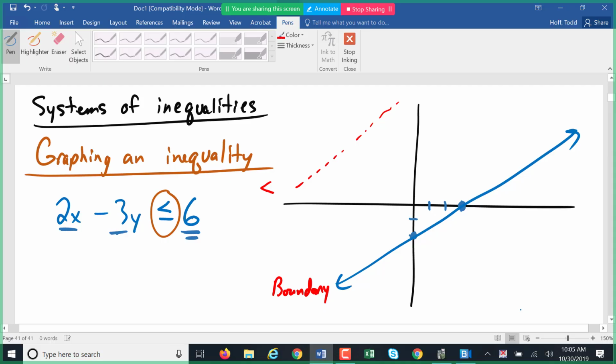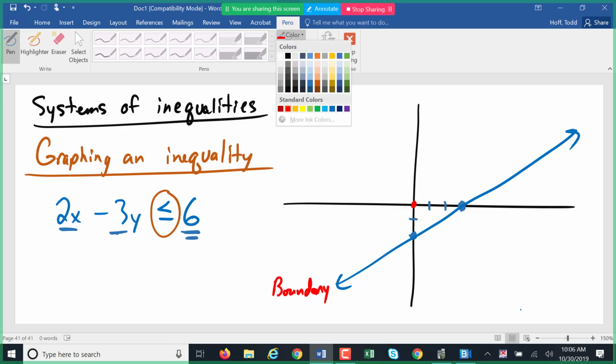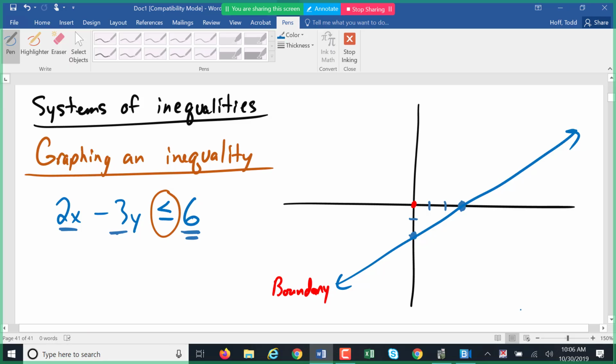But remember, to finish the inequality, we have to shade one side of the line or the other. We have to find which side of that boundary are solutions to this. Easiest way to do that is to pick a test point. I generally pick, if it's easy to locate, easy to tell which side of the line that it's on, I use the origin, 0, 0, just because that's usually pretty easy to test.